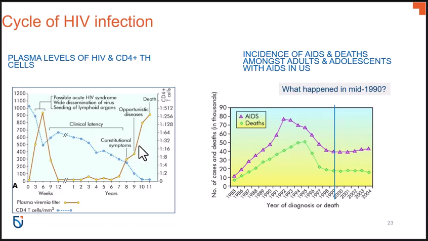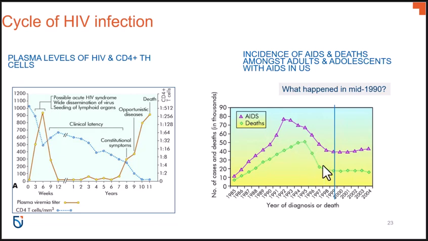A variety of symptoms of acute viral infection might be present during this time. Now, when the number of CD4 positive helper T cells is critically suppressed, as you can see happening here, the individual becomes very susceptible to a variety of different opportunistic infections and cancers, with a potential diagnosis then of AIDS.